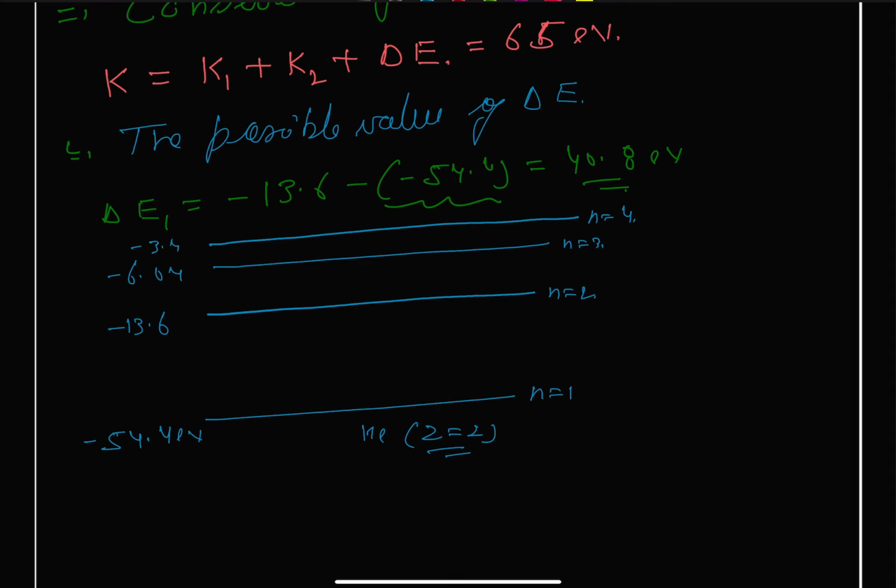And we can also draw the transitions, between 1 and 2, 1 and 3, and 1 and 4. So therefore the possible value of delta E is 40.8 electron volt.